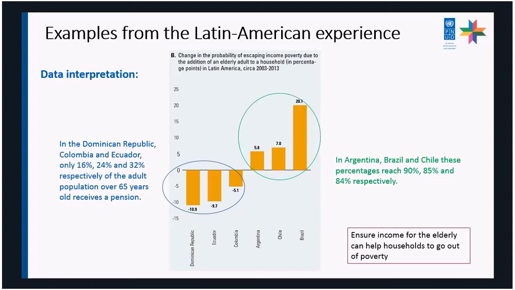We have a challenge, which is how to propose new policies, but we also have a restriction, which is the availability of information. In very few countries we had the opportunity to have access to longitudinal data to track the same individuals over time, to identify the main correlates of the transitions and to isolate the main contributions to the probabilities of transition. But in most countries we couldn't access that information because it simply doesn't exist.